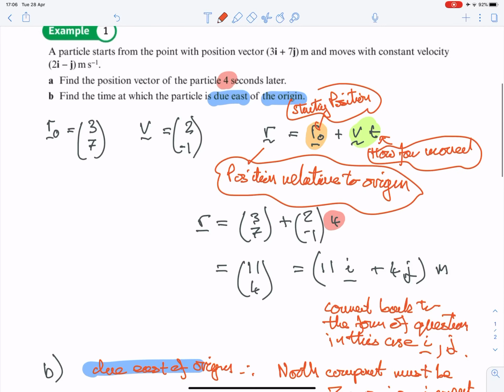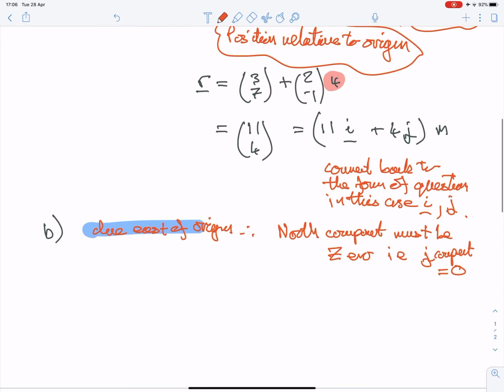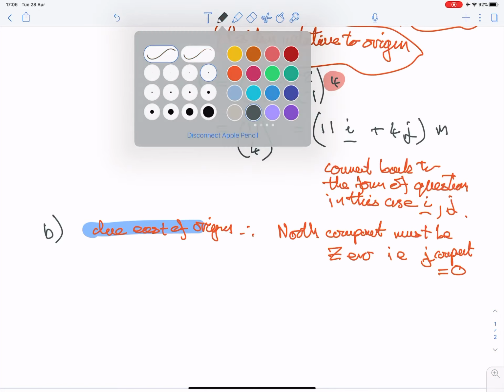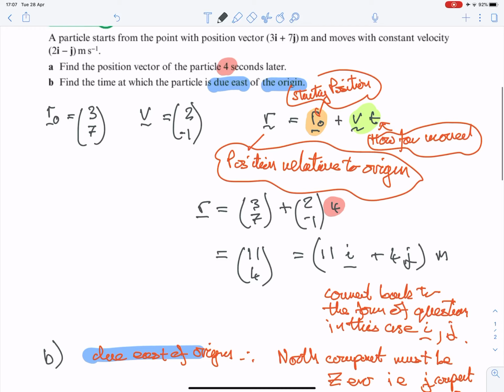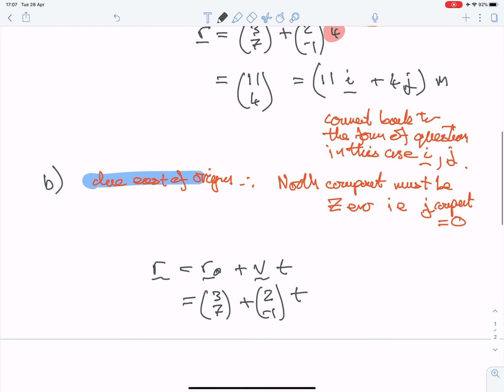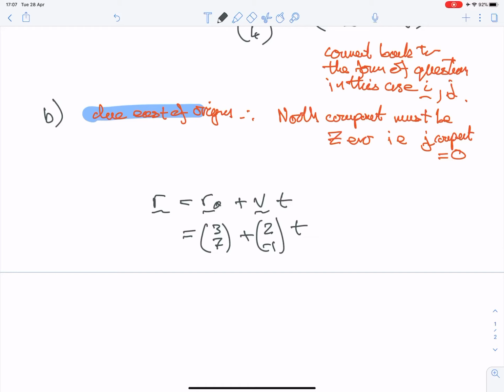So if we go back here, r is equal to r0 plus vt. So again, we state our equation. r is equal to r0, it starts at (3, 7), and v is (2, -1) times t. And we want to know the time, so we've got to find the time at which the j component is 0.